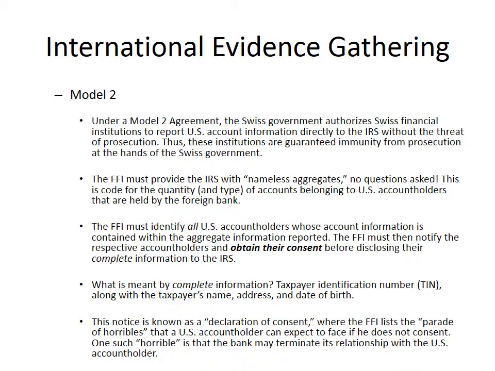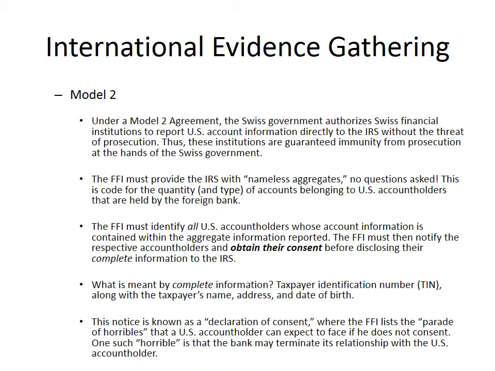In other words, out of those 200 accounts that the Swiss bank identified as belonging to U.S. account holders, the bank now has to identify the names and the identities of the account holders of each one of these U.S. accounts.